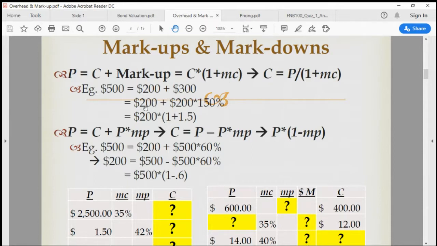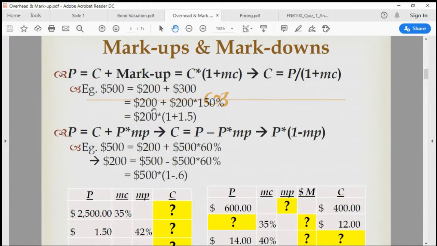In this example, it's quite obvious. This markup is 150% of the cost. Make sense? 300 is 150% of $200. So it's 150% of the per unit production cost.